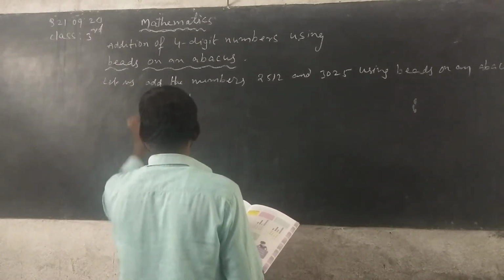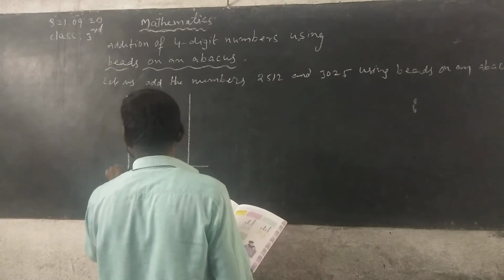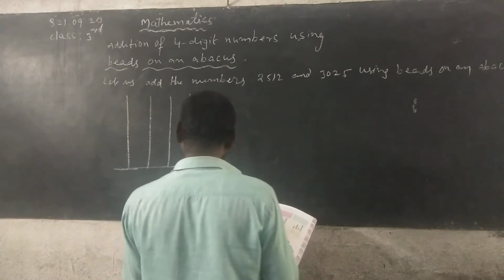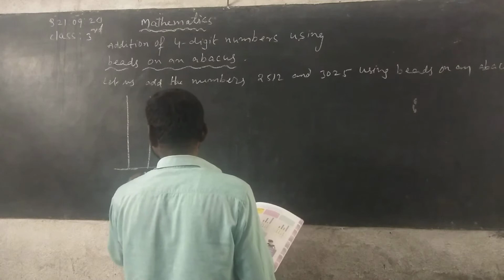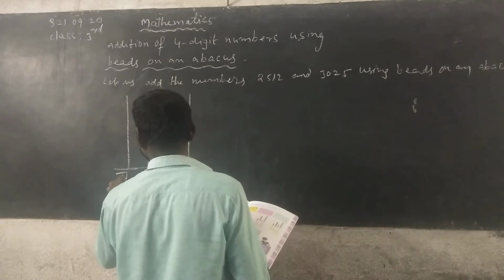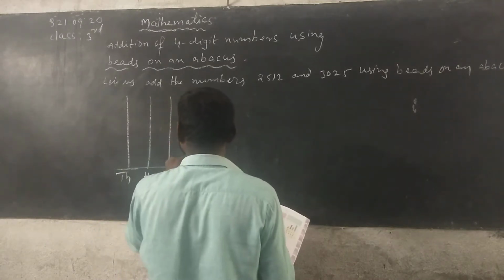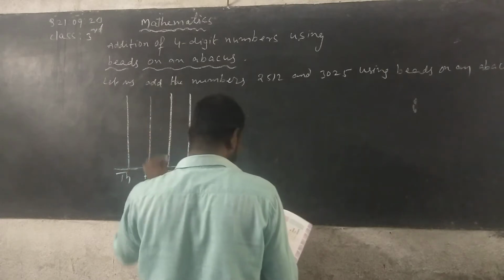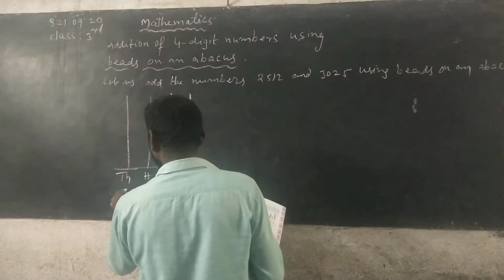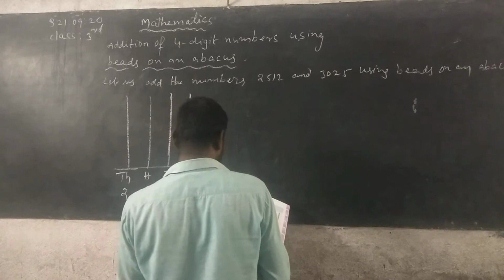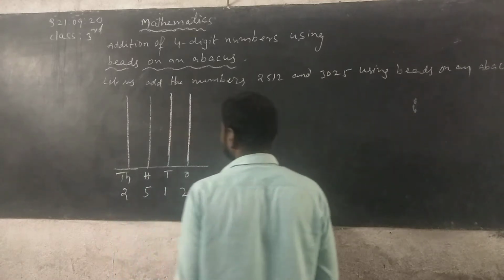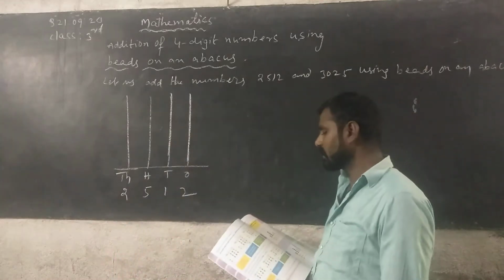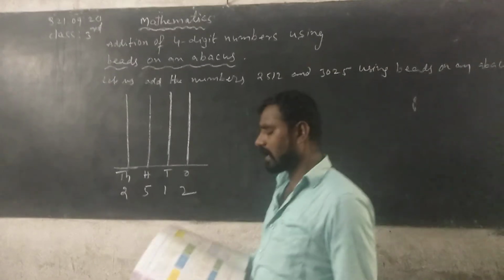Ones, tens, hundreds, thousands. See, this is the ones place, tens place, hundreds place, and thousands place. These are the spikes. First you represent 2512 on the abacus.